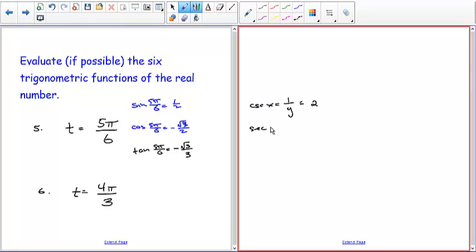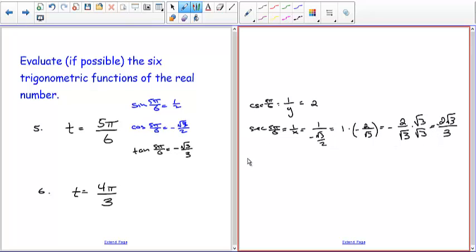The secant, which is the one linked to the cosine, so the secant of 5 pi over 6 is equal to 1 over x, which is 1 over negative the square root of 3 over 2. What you do is you take the reciprocal of the denominator. So you get negative 2 divided by the square root of 3. Multiply the numerator and the denominator by the square root of 3. So you get negative 2 times the square root of 3 over 3. So that's the secant.